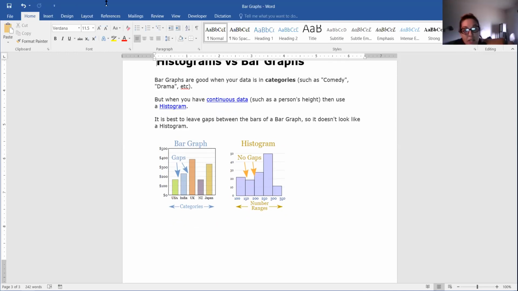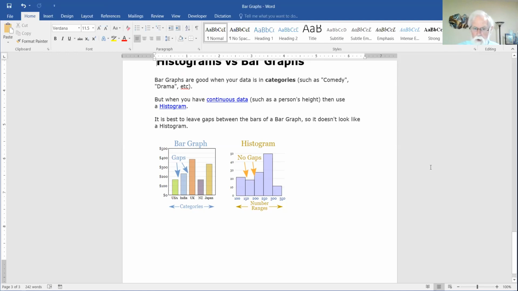So in business, would we be using histograms a lot? It depends on what you're presenting. If you're talking about, say, weekly sales, yeah, you'd use a histogram because your sales would have ranges. You wouldn't have specific dollar amounts.